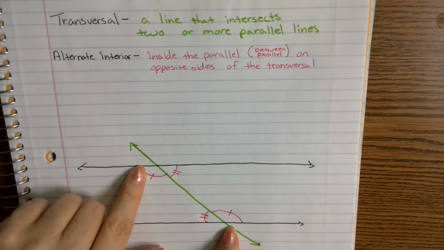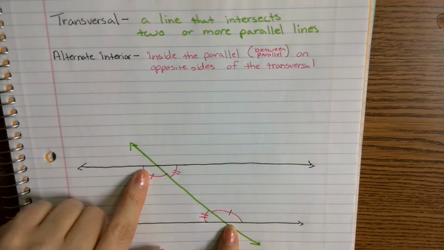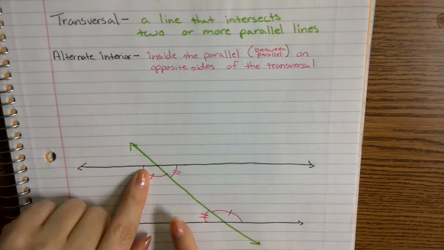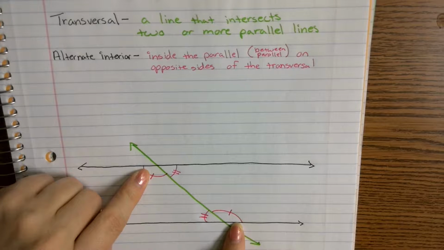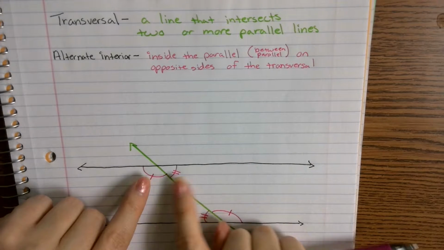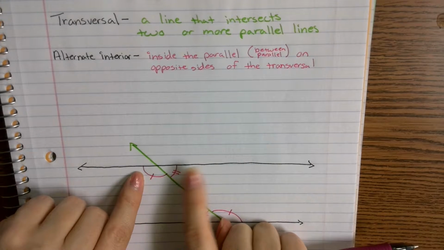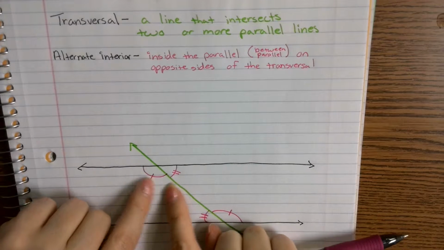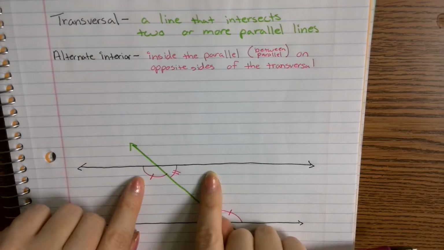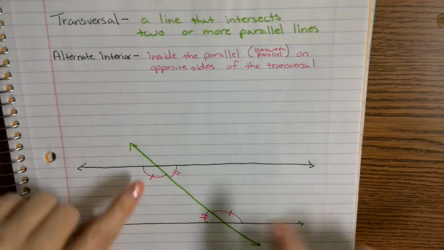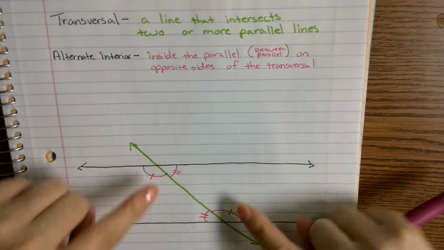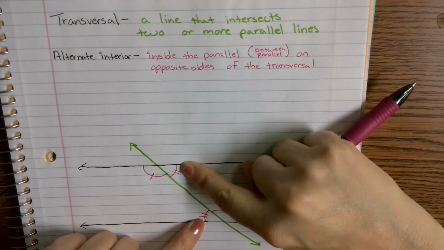So this angle that connects to the upper parallel line has to be alternate interior to a different angle that's connected to the lower parallel line. Okay, so not every single set of interior angles that are on opposite sides of the transversal are considered alternate interior to each other. So be mindful of that. These are alternate interior. These are alternate interior.